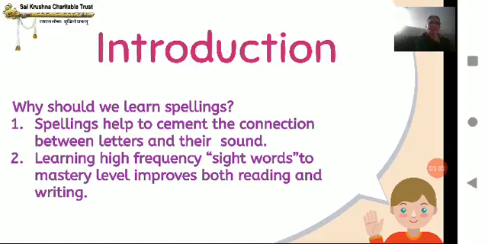He doesn't know how T looks or O looks or P looks. He's not aware of all that learning. But he's able to do it because that thing that he has been constantly seeing, when he has identified himself with the top, he knows what the top looks like, goes and picks it up and brings it for you. So these sight words means cards which you keep seeing again and again.